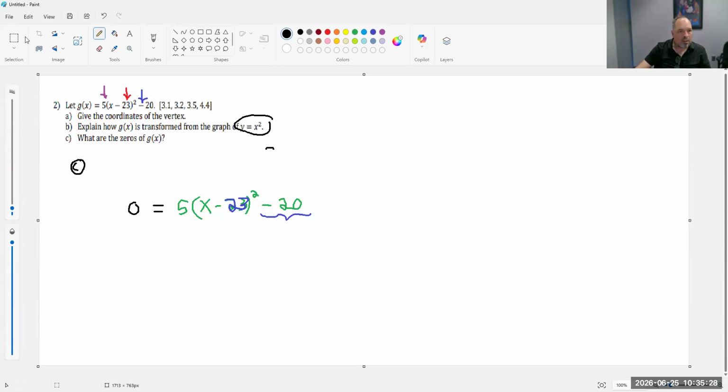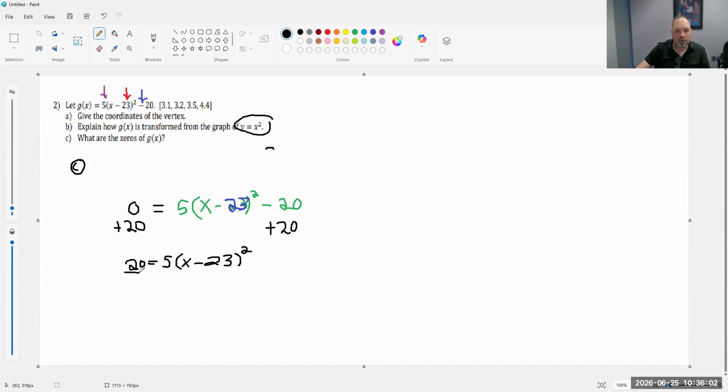I am going to add 20 to both sides. So I've got 20 equals 5 times x minus 23 squared.